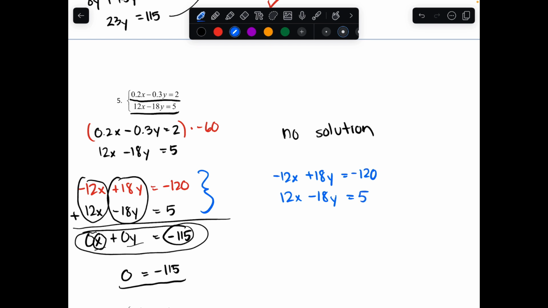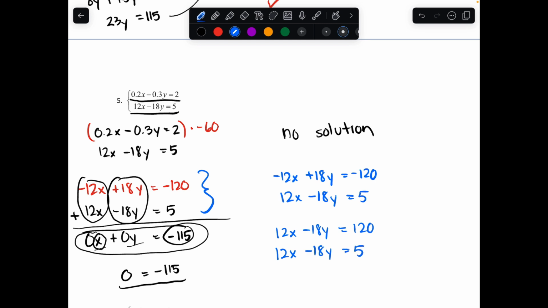Well, if we look at our left side right here, they have the same coefficients, but they're just opposite. So I'm going to multiply one of these equations by negative 1 so they have the same coefficients. So if I multiply the top equation by negative 1, we're going to have positive 12x minus 18y is equal to positive 120. And then we rewrite our second equation, 12x minus 18y is equal to 5.